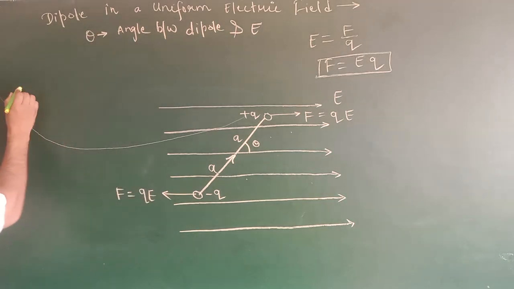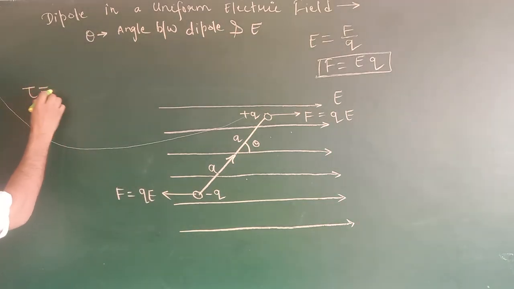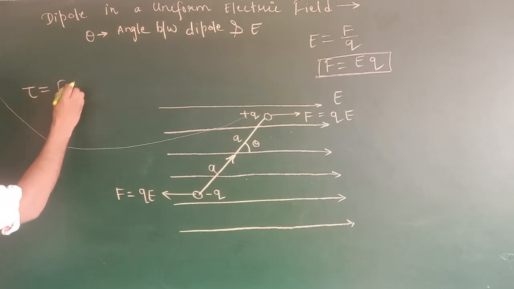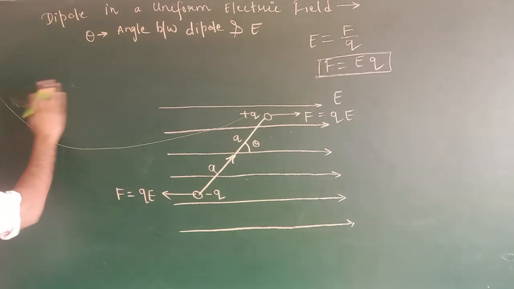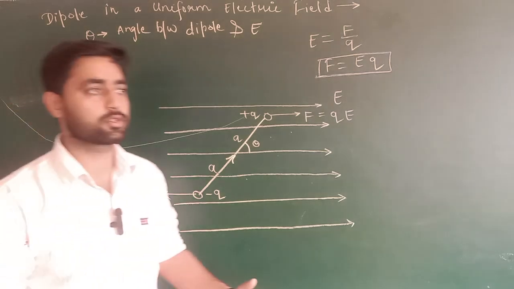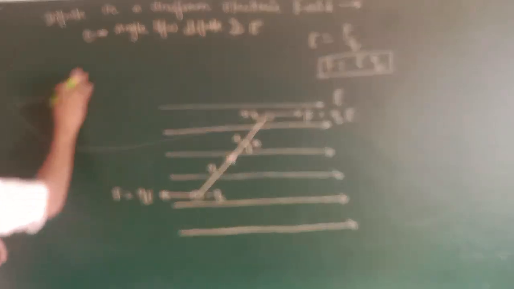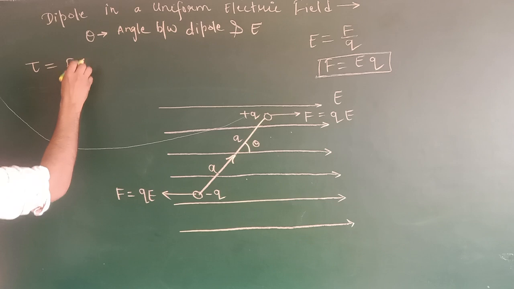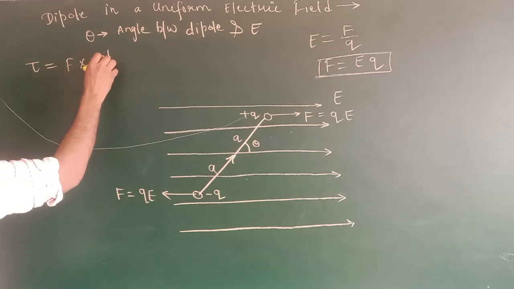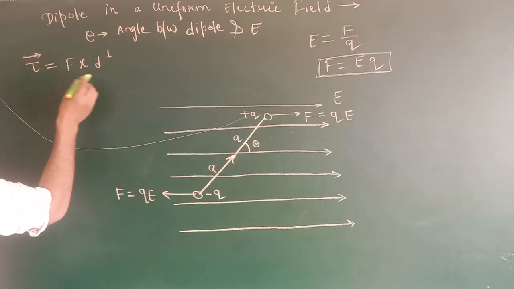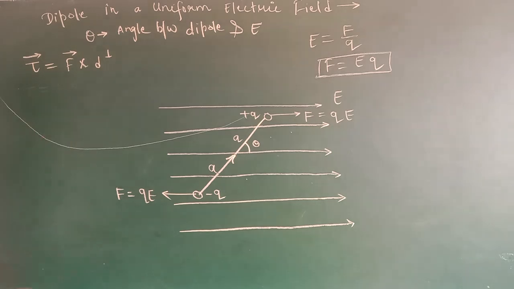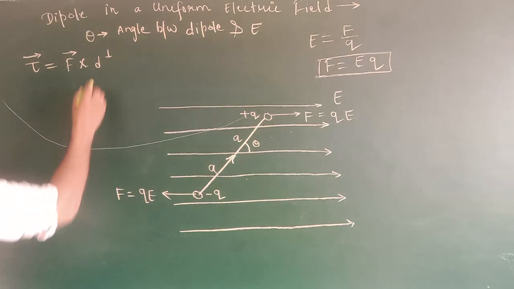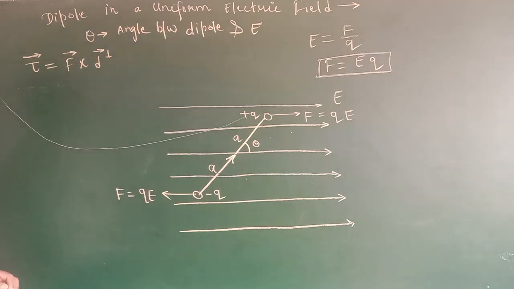So there is a formula in class 11, that is torque. Torque is the turning effect of force, tau. Tau is defined as force multiplied by perpendicular distance.